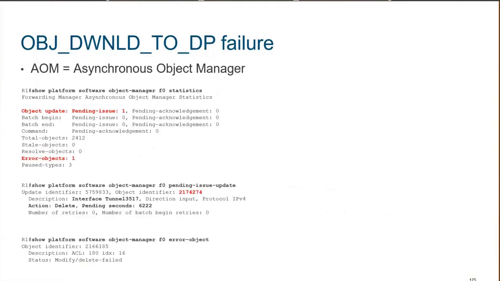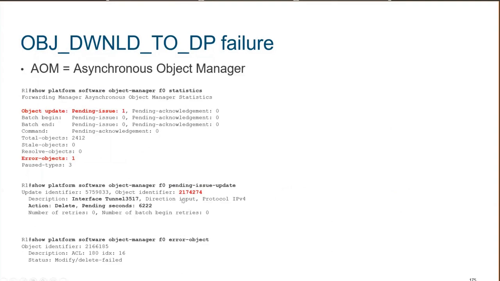To give you an example, I had a customer issue where they had configured NAT, but the packets were not getting NATed. When we checked these object statistics, we found that NAT was configured on the control plane, but at the data plane it was not being programmed. So the packets being handled by QFP were being handled without NAT.